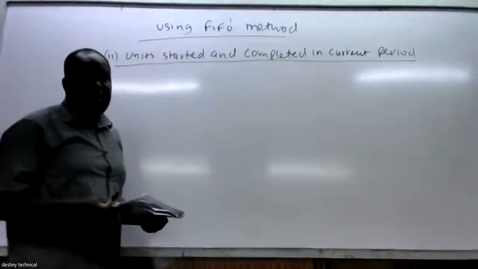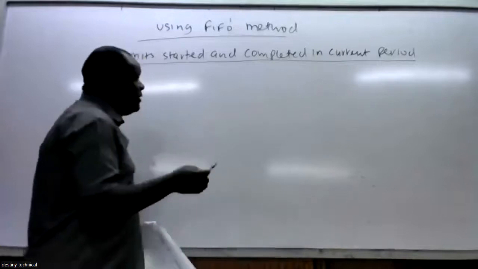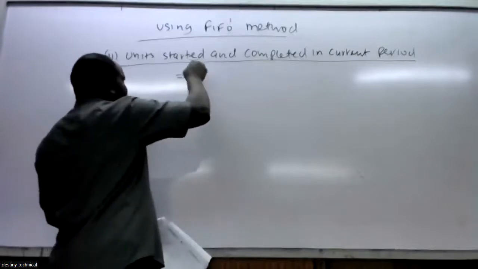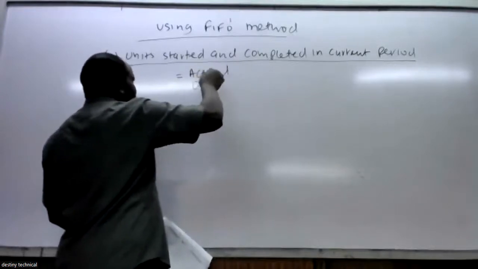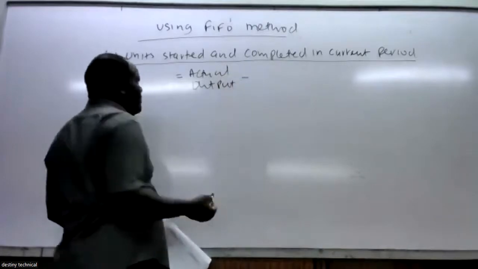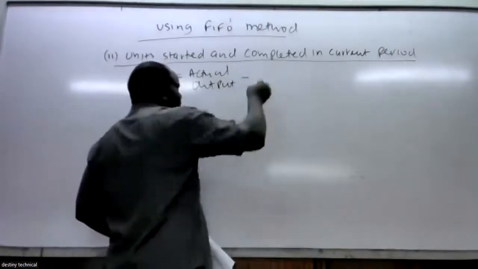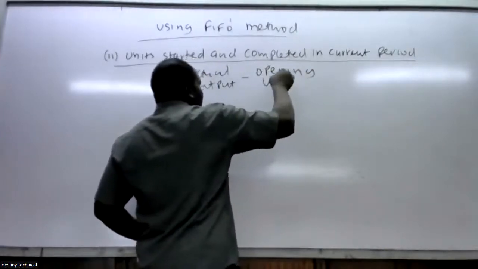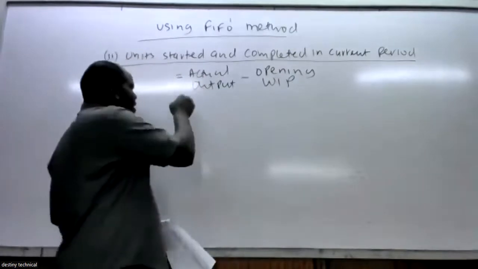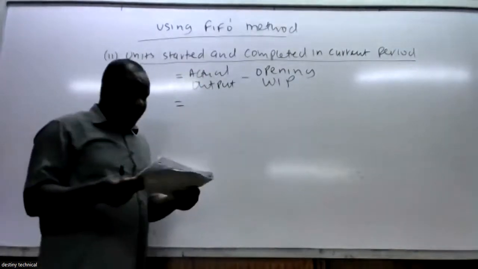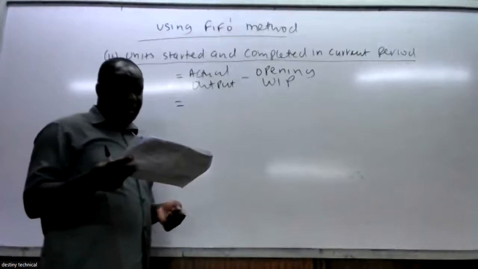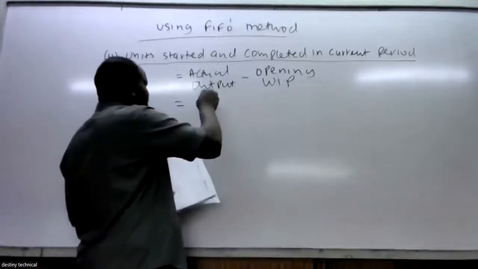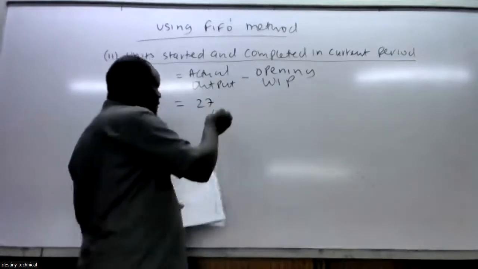When you want to calculate units started and completed, you start with the actual output and subtract the opening work in progress. Actual output is given in note number 5: transfer to process 3, which is 27,600.